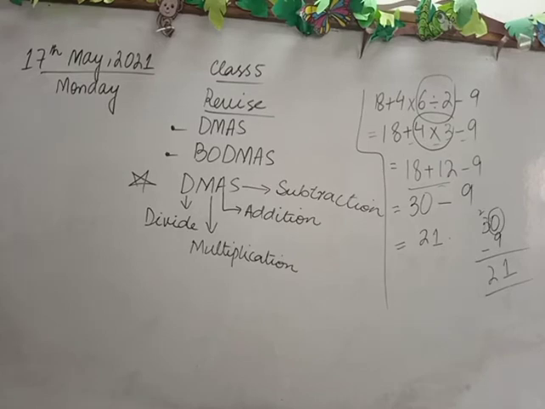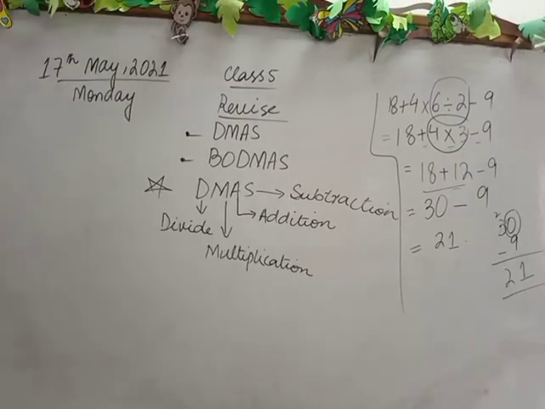So according to DMAS rule, we will first follow division, then multiplication, then addition and then subtraction. Clear class? Now I am going to take another example which is related to BODMAS. So class, this is all which is related to DMAS rule. Now I am going to revise BODMAS rule.